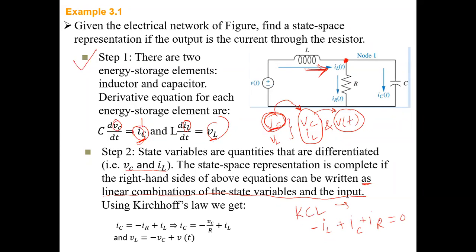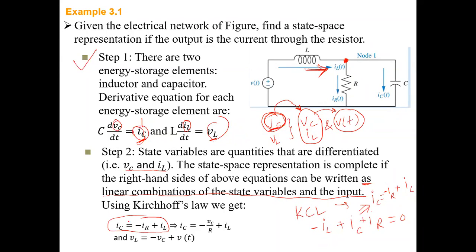They should be equal to 0. Then what is your IC from here? IC equals negative IR plus IL. That's what it is.